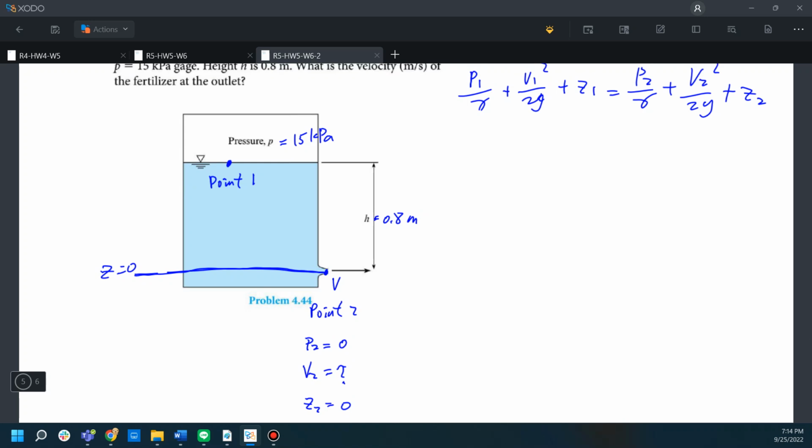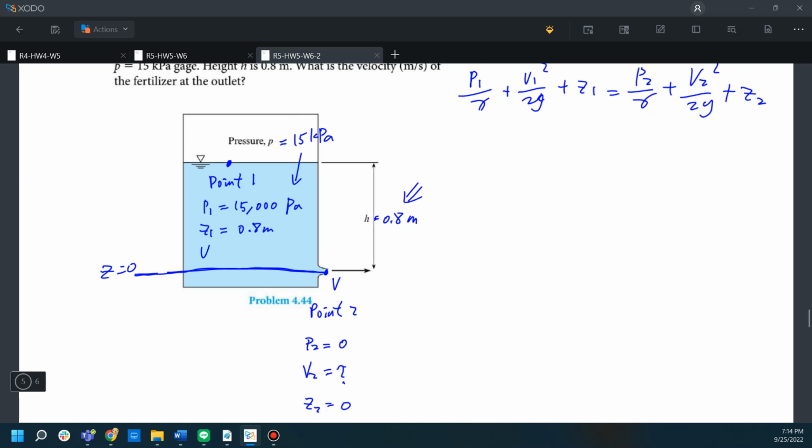And for P1, the pressure is already given. That is 15,000 Pa. And z1 is equal to 0.8 meter, as shown here.